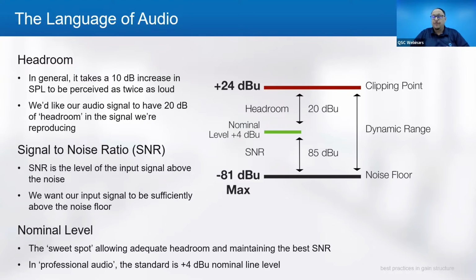Like I said before, in professional audio signals, line level, plus 4 dBu is nominal. Consumer, you will see, can be negative 10 dBV or negative 7.7 dBu nominal. So those come in lower, about 12 dB lower than that.